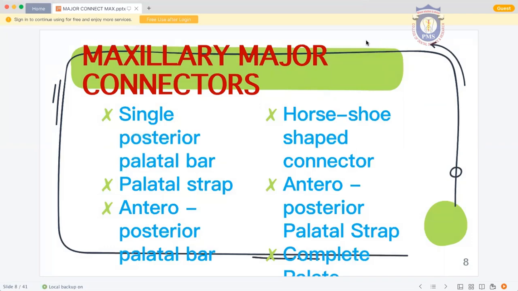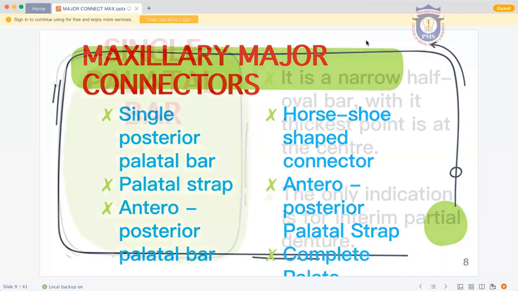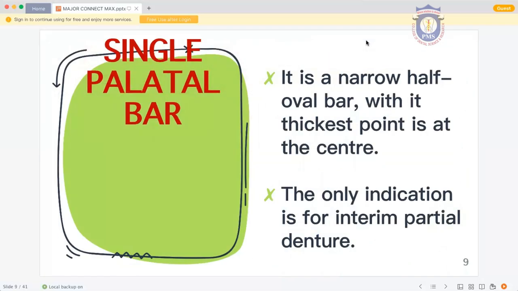So what are the different types of maxillary major connectors? We have single posterior palatal bar, palatal strap, anteroposterior palatal bar, horseshoe shaped connector, anteroposterior palatal strap, and complete palate. The first one we are going to discuss is the single palatal bar.